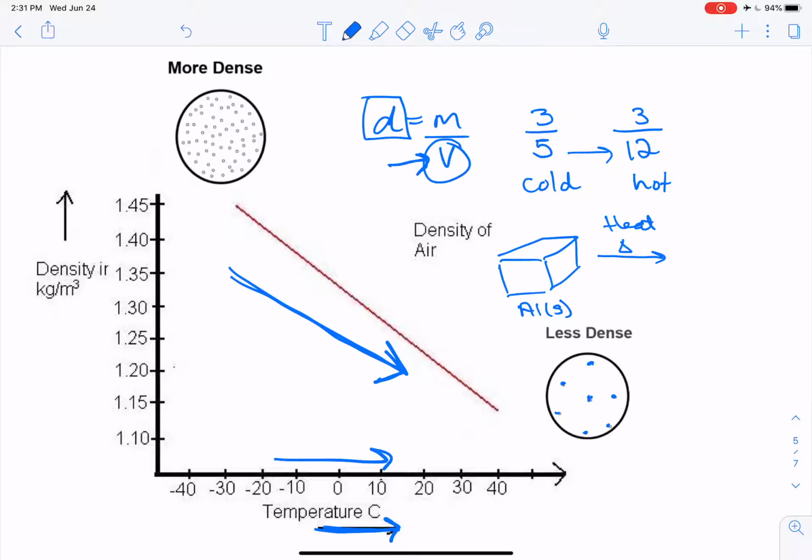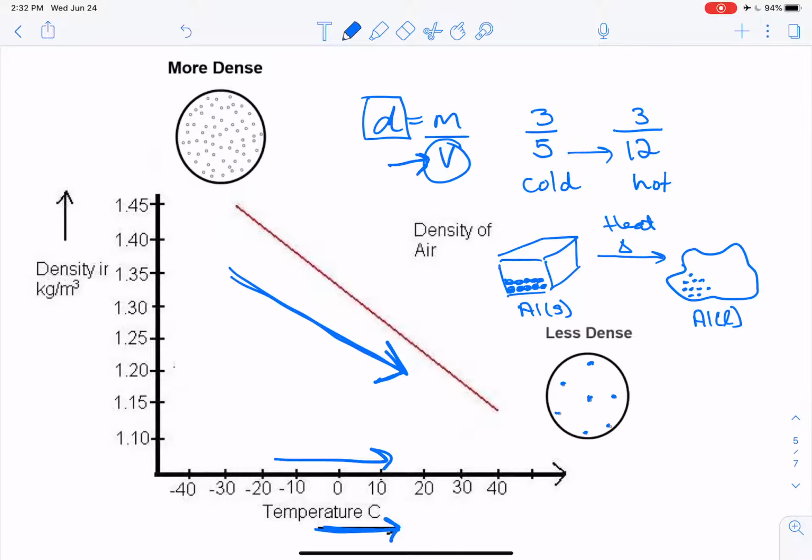So if we heat this up, what happens is we get liquid aluminum, and aluminum will melt above 660 degrees Celsius. And in the solid, the atoms are super close together and packed tightly. And then in the liquid, they're a little bit farther apart, and they can move past each other.